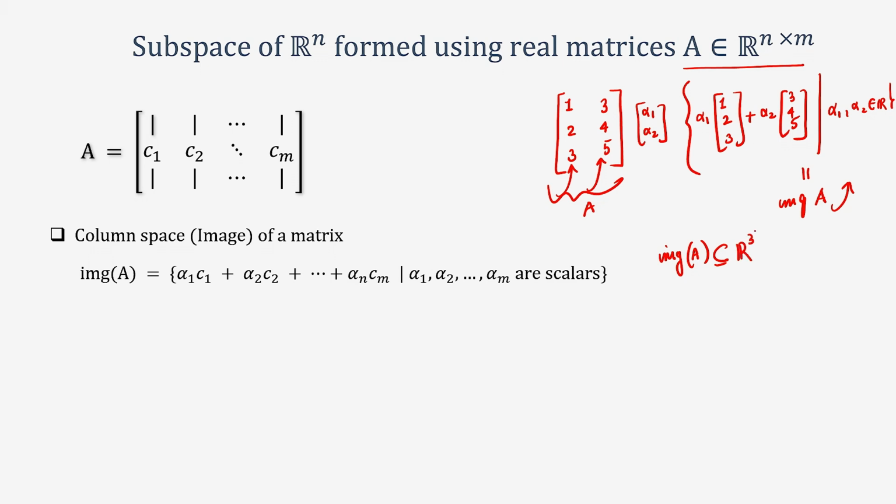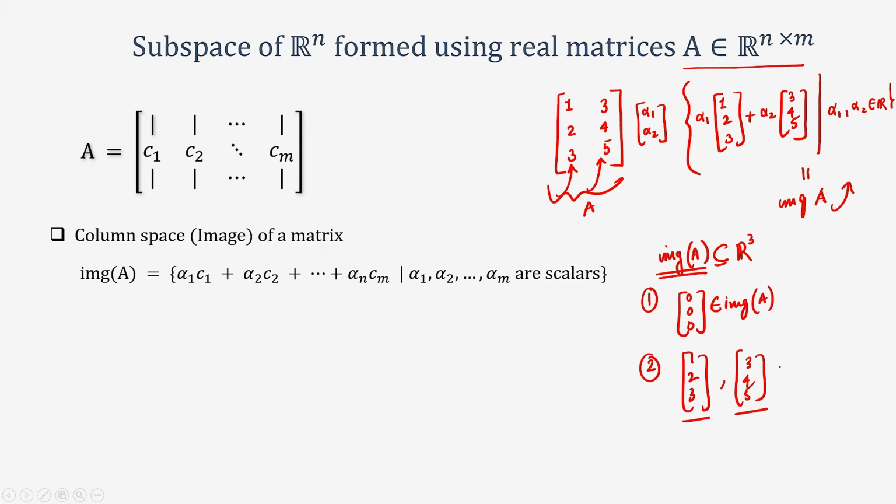So, is image of A non-empty? Yes, because 0 0 0 belongs to image of A. If you take alpha 1 equal to 0 and alpha 2 equal to 0, this will be in the image of A. Similarly, I took 1 2 3 and I took 3 4 5, then you will see that this plus alpha times of this also belongs to this set.